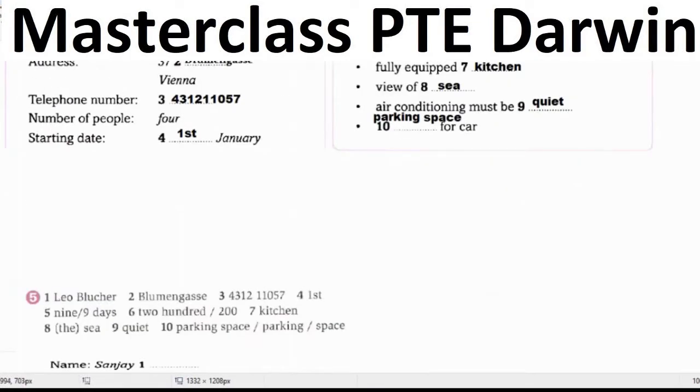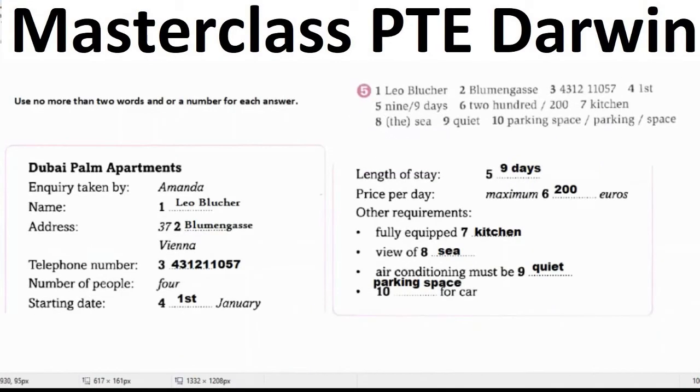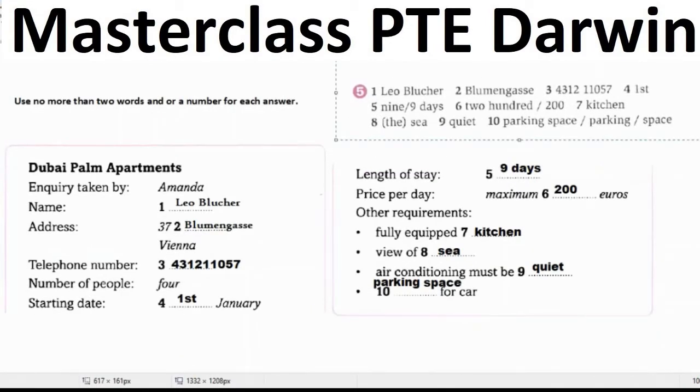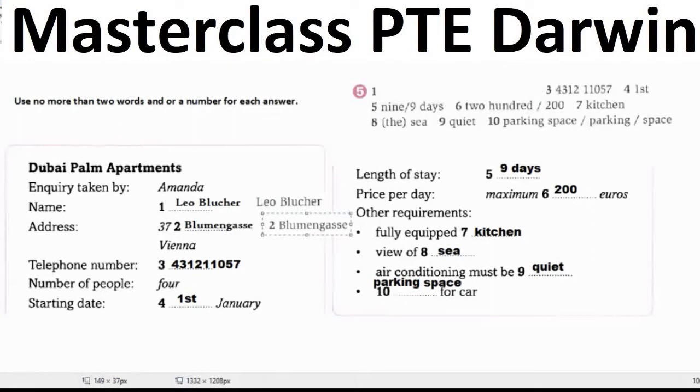So if you take the answers there and match them, number one is correct. Number two is Bloom and Yasi. That's correct as well.